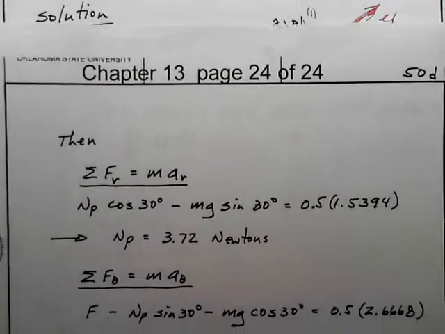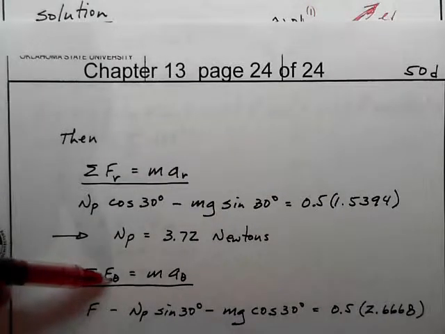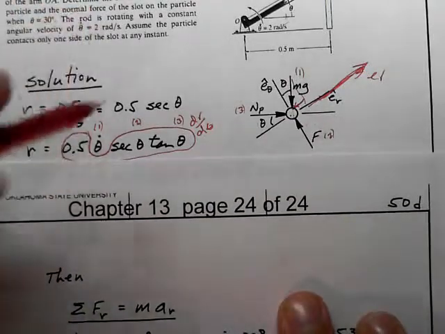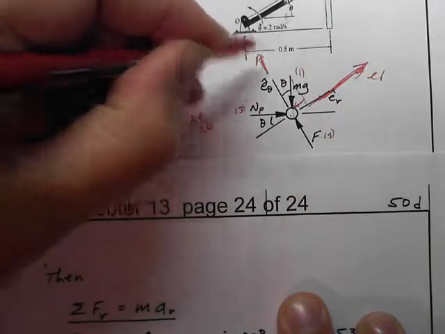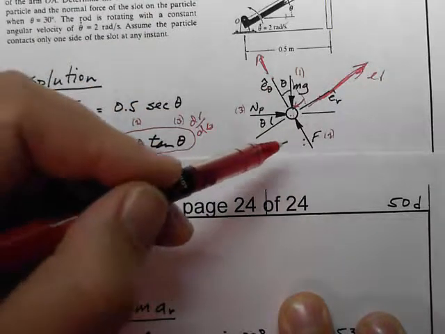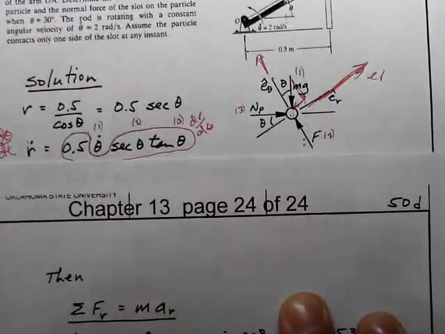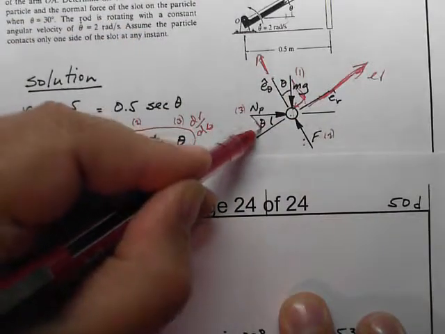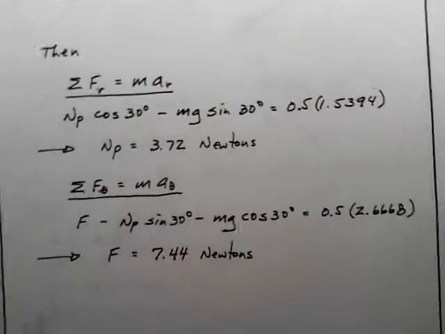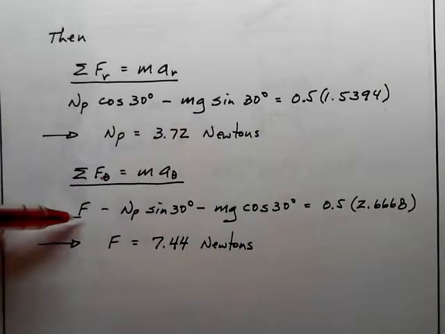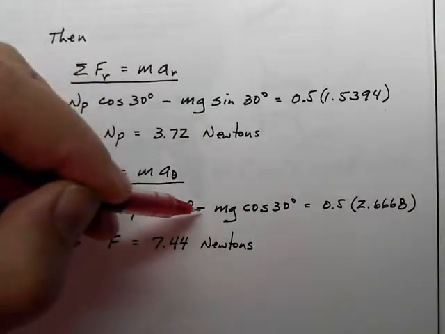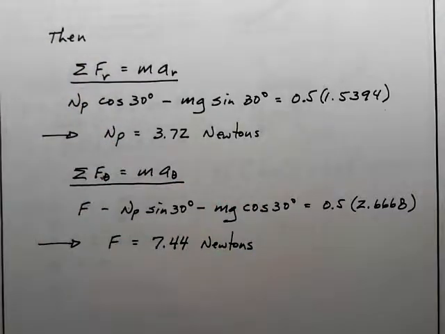Now we'll sum forces in the theta direction, and looking at our free body diagram briefly, the theta direction is that way. So this force is 100% in the positive theta direction. Gravity has a negative piece in the theta direction, and the normal force has a negative piece in the theta direction. And so what we're going to get out of this is 100% of positive F in the theta direction minus a normal piece sine of 30 degrees minus a gravity piece cosine of 30 degrees.